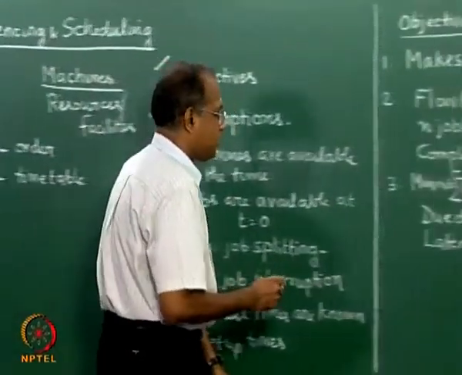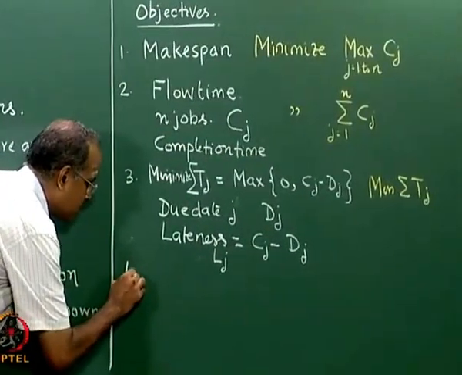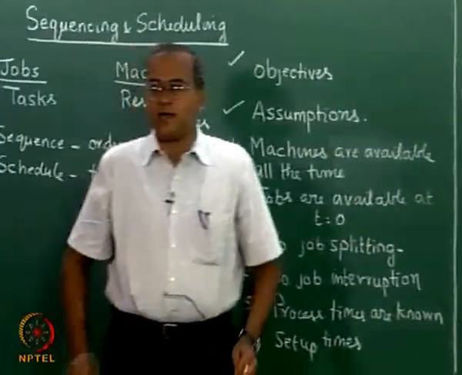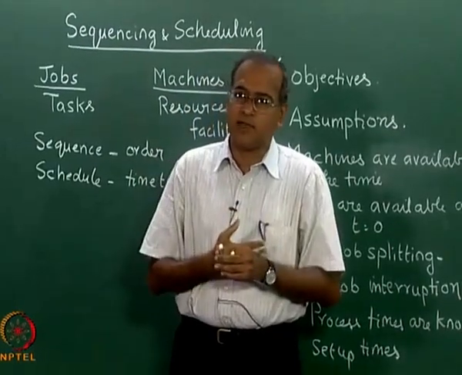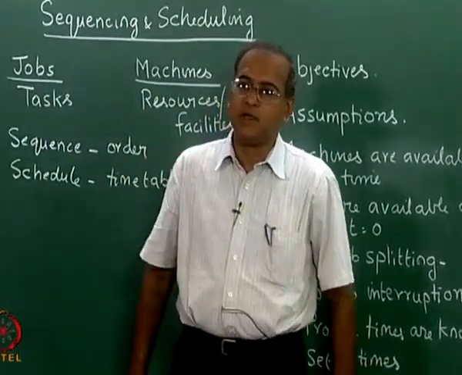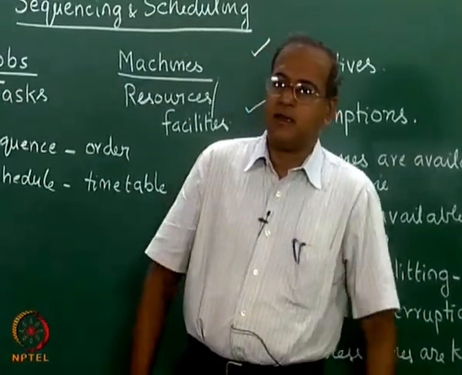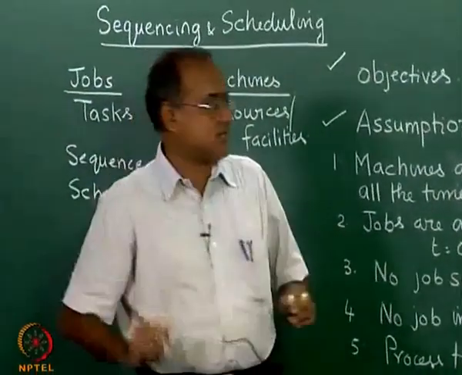Then we move to a fourth objective. Now let us assume that some jobs are tardy, we are unable to complete them in time. Let us look at two situations.